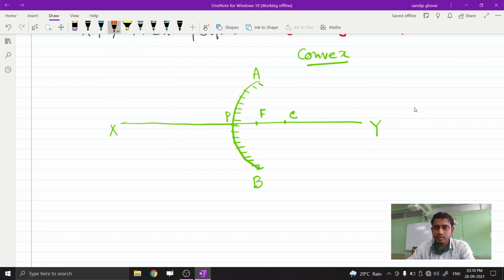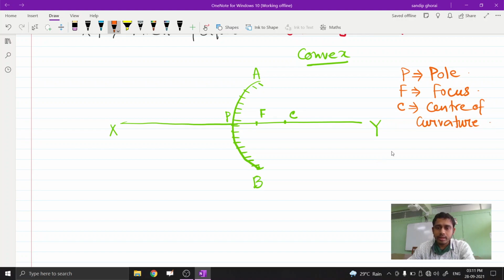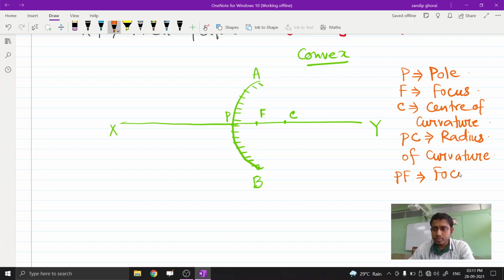Here also we can say P is the pole, F is the focus point, C is the center of curvature, PC is the radius of curvature, and PF is the focal length.